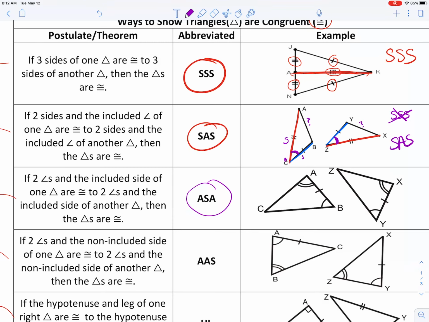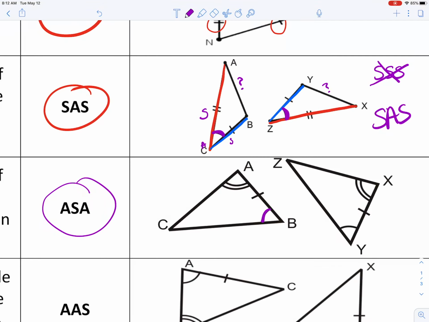The next one is angle, side, angle, and that says if two angles and the included side of one triangle are congruent to two angles and the included side of another triangle, then those triangles are congruent. Let's see if we can find that here. We've got an angle, those two are the same.